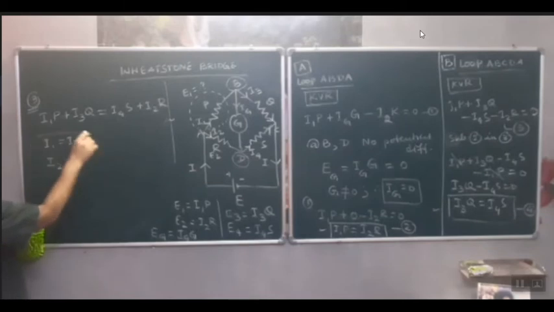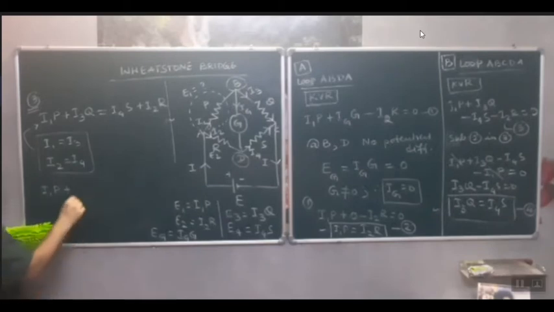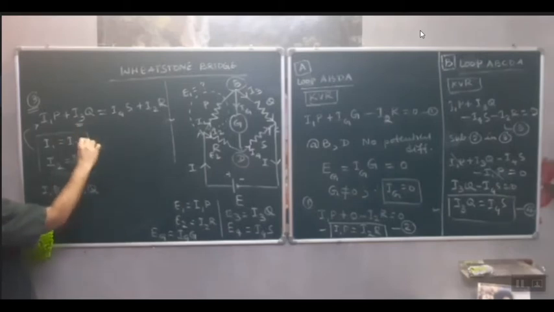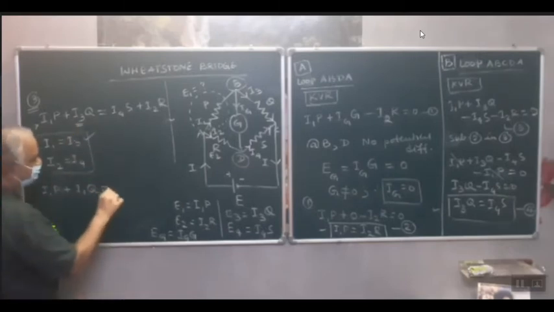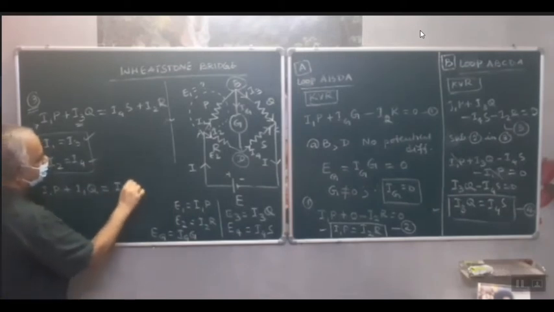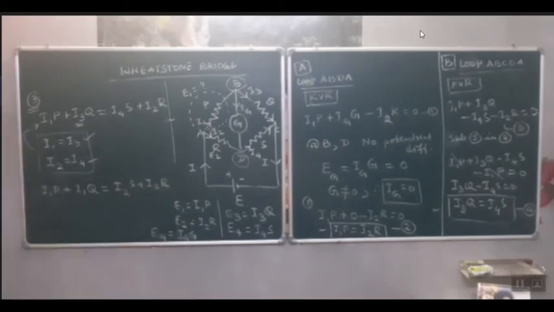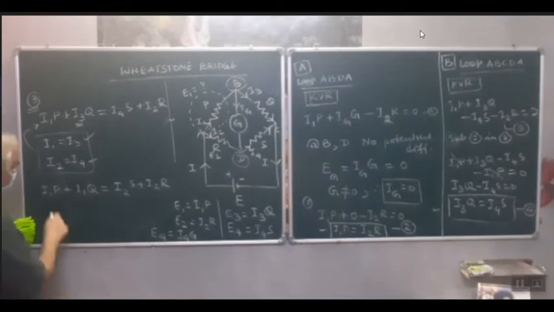So we can suitably replace this in equation 3 so that we can bring it in terms of I1 and I2 only. So I1P plus, instead of I3, I can put I1, I1Q, is equal to, instead of I4, we can write I2, so I2S plus I2R. I1 being common can be taken outside the bracket.